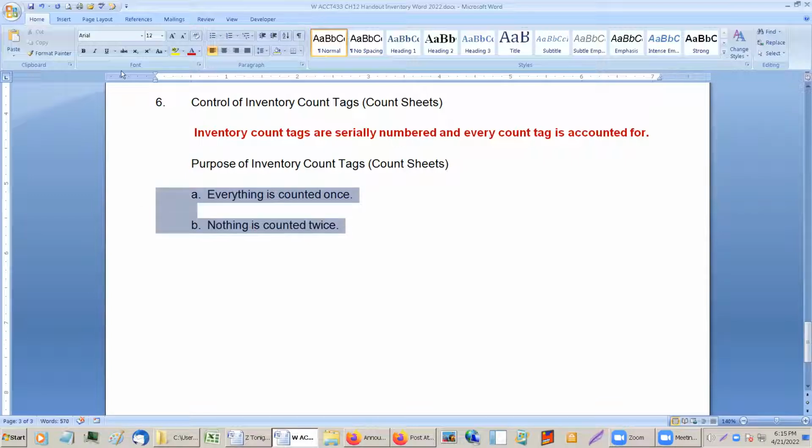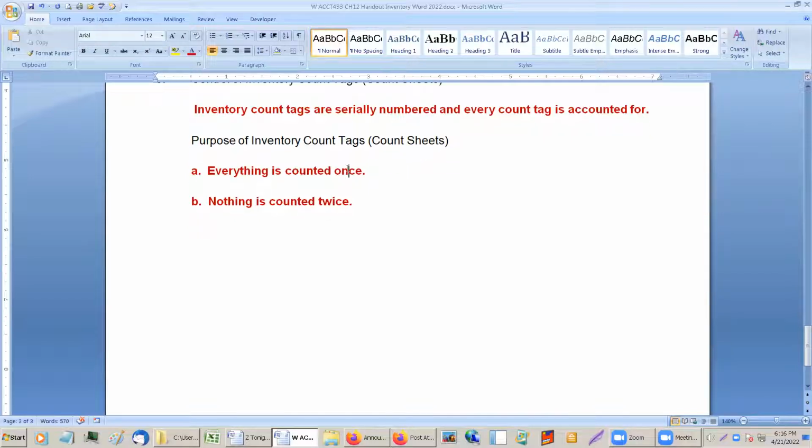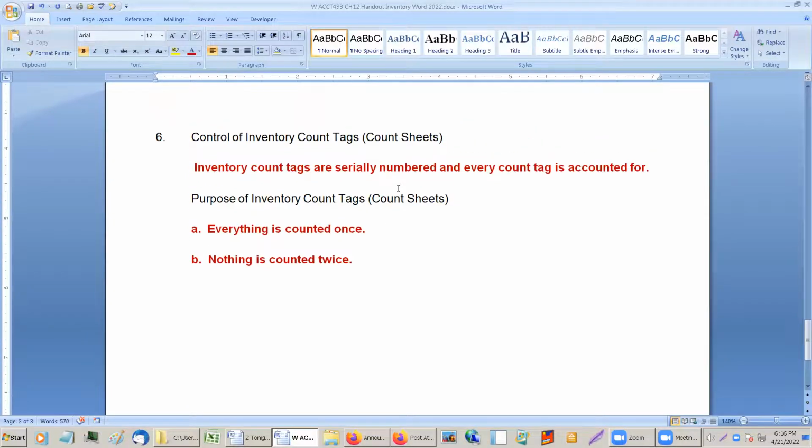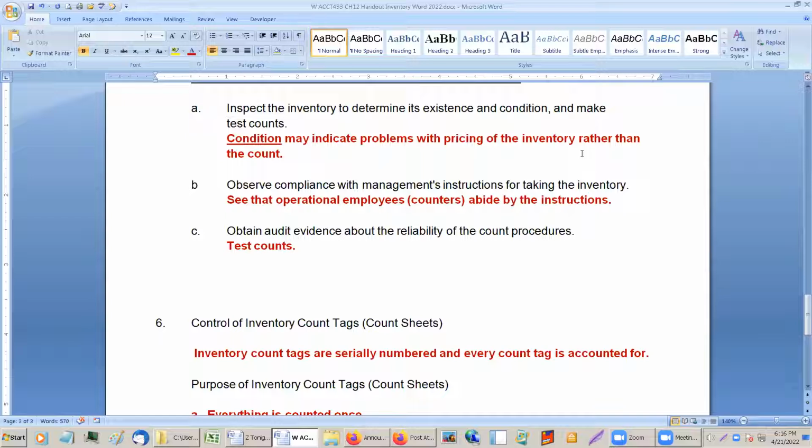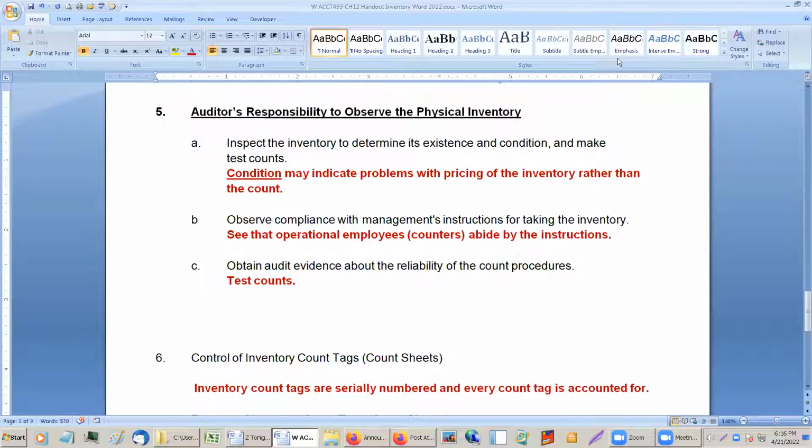So each area will have one pre-numbered count sheet. Everything will be counted once, nothing will be counted twice. That's the whole idea behind the count sheets. Count sheets are count tags, whatever you want to call them. Okay, so we will be done with that.